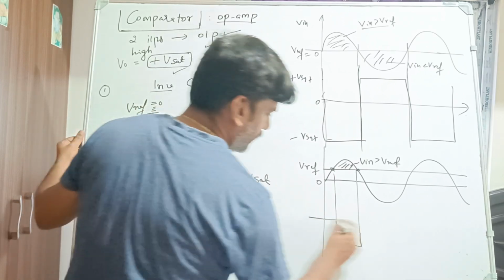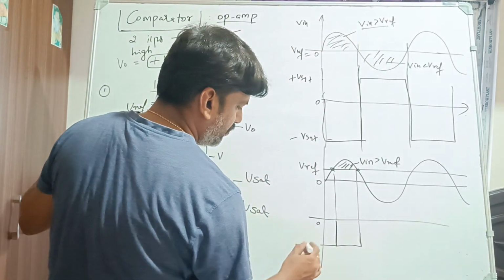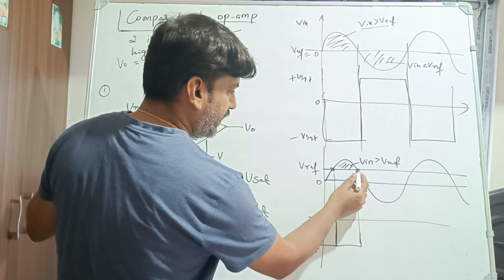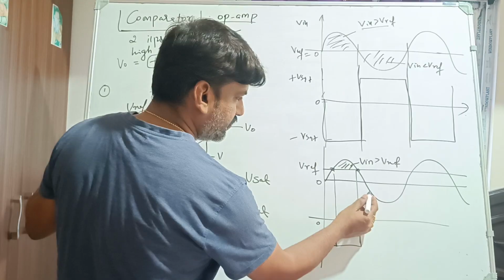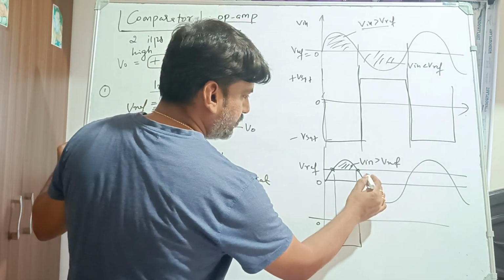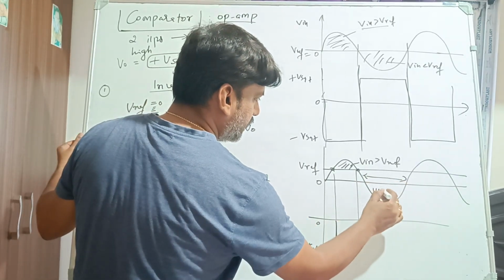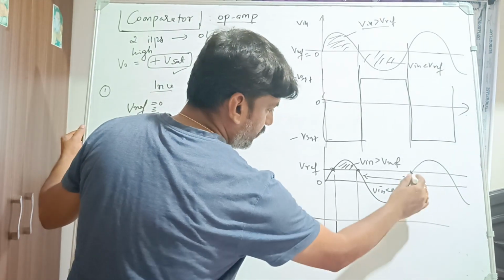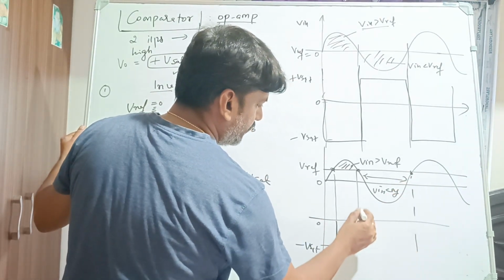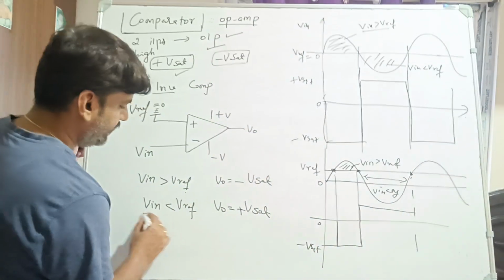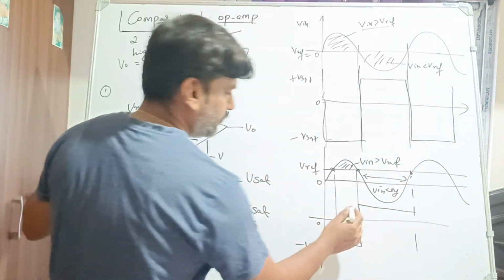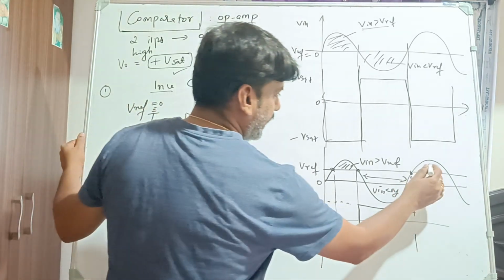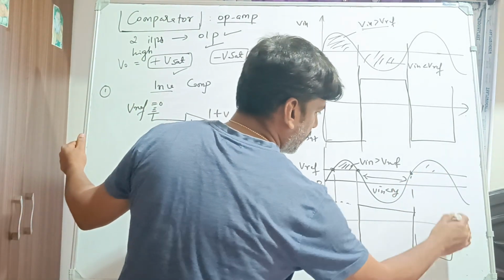Again now this portion, when it falls below this, Vin from this portion to this portion is Vin less than Vreference. So for that portion from here to here, you will get the opposite, that is when it is less than you will get plus Vsat. So here I will be having plus Vsat. Again here it is minus, again it is.